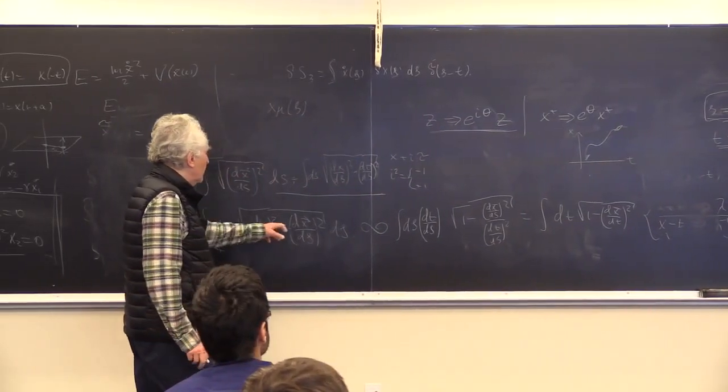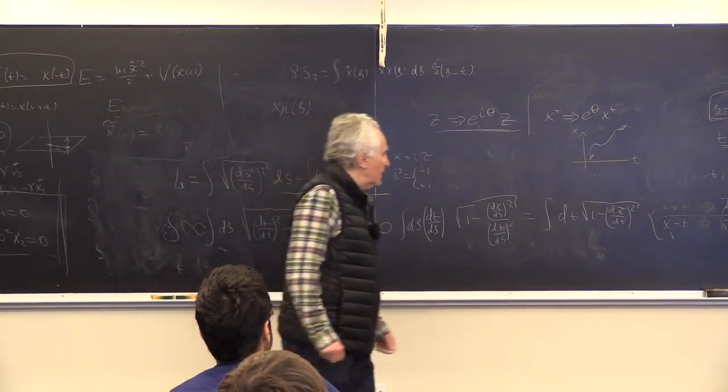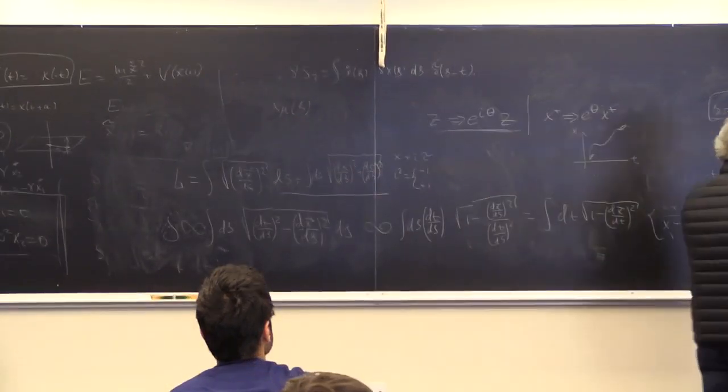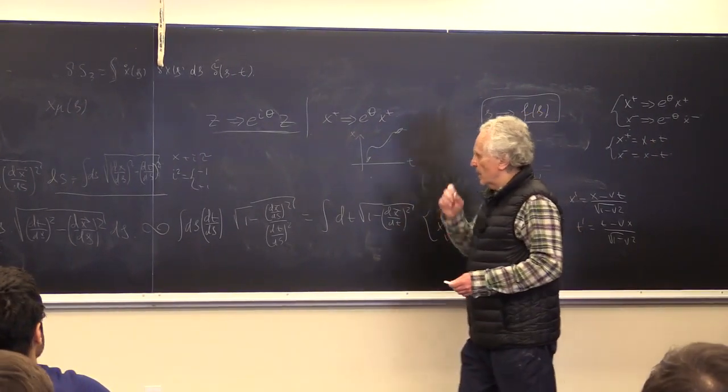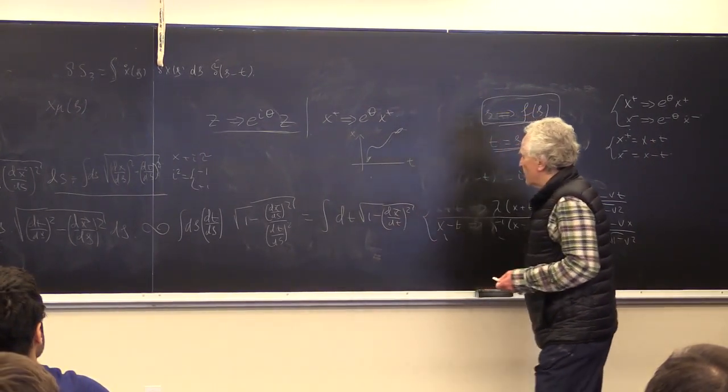When you choose T equal to S, you have this thing. And this is now the ordinary velocity. This is the Lagrange function.